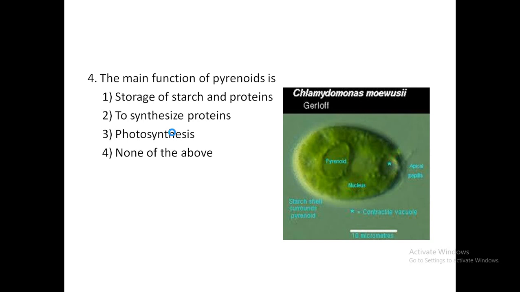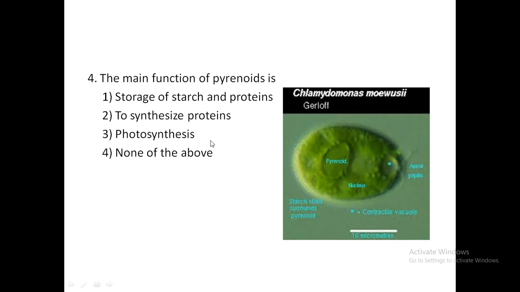Next, the main function of pyrenoids is: to store starch and proteins, to synthesize proteins, photosynthesis, or none of the above. Here the answer is storage of starch and proteins. An image is shown of Chlamydomonas. This is the pyrenoid, which stores starch and proteins.